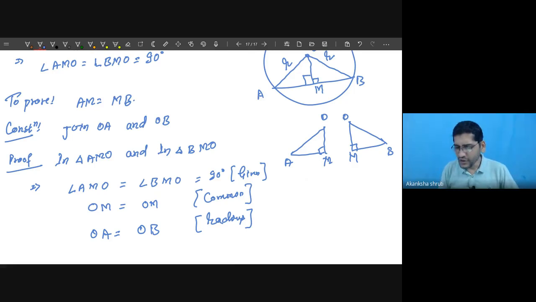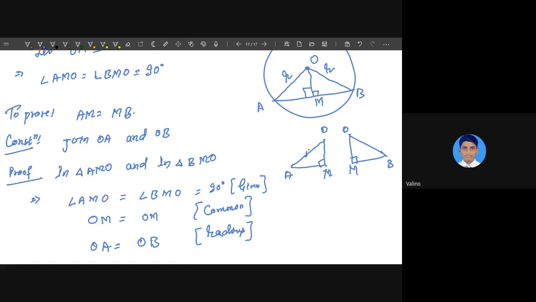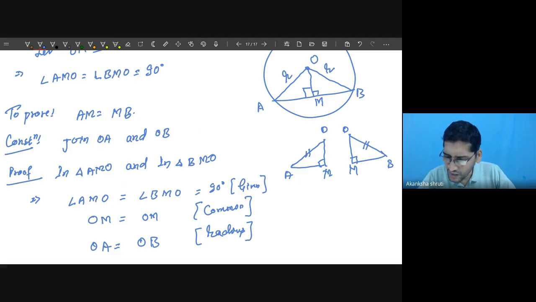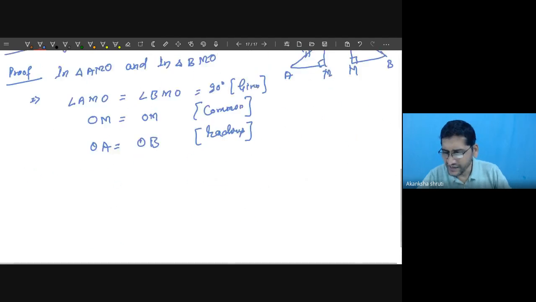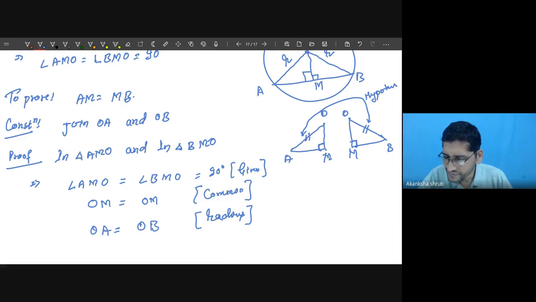Students, which congruency criterion is satisfied? Observe carefully. OA is equal to OB, which means these two are the hypotenuse of the two triangles in a right angle triangle. And another right angle, and these two sides are also equal.